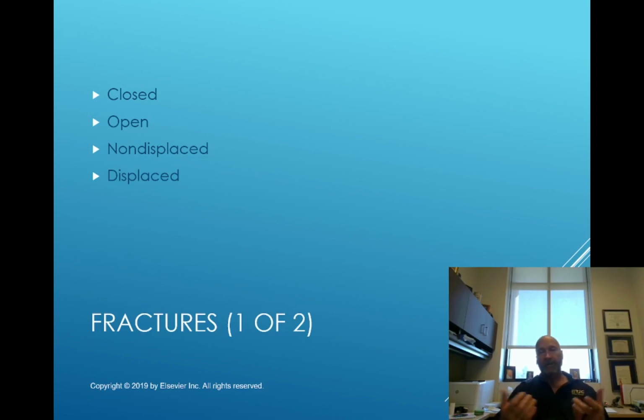If it's displaced just a little bit, technically, if it's not lined up better than that, it's a displaced fracture, but it may be so minimally displaced that the doctor will do nothing except cast it or splint it. But if it's displaced badly enough that the fragments are completely not where they need to be, then you're looking at surgery or some sort of intervention.